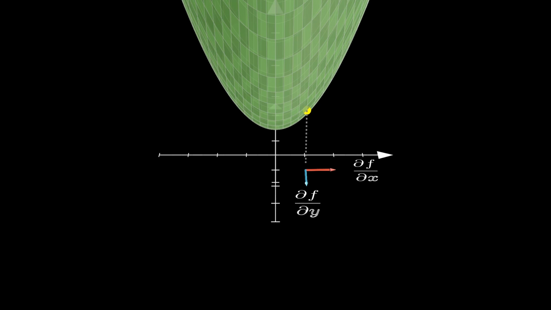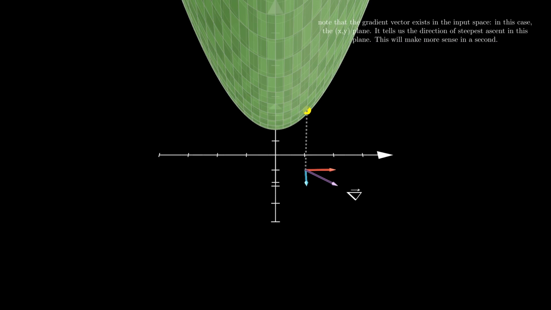Now let's briefly discuss multivariate gradients in more detail, particularly their direction. Since we are organizing the two partial derivatives as a vector, and vectors have both magnitude and direction, the gradient must point somewhere. When we add together the x and y components of the gradient at a particular point, we find that the gradient vector points in the direction of the steepest ascent or descent.